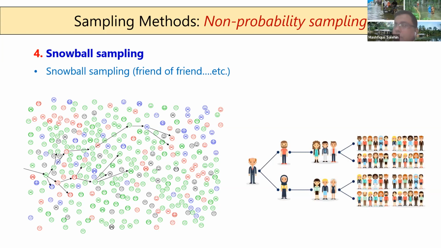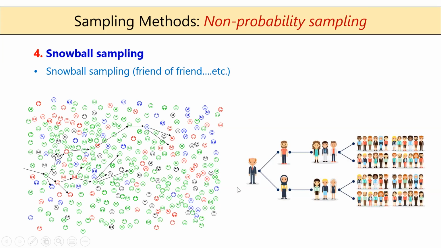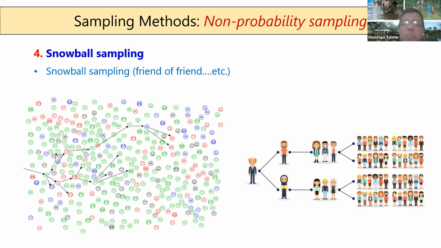We have got a message in the chat box. Some says it's better for gathering social information, like uses of water. Okay, uses of water.